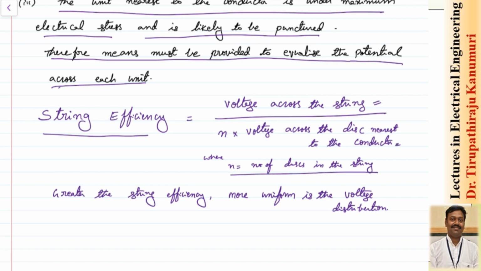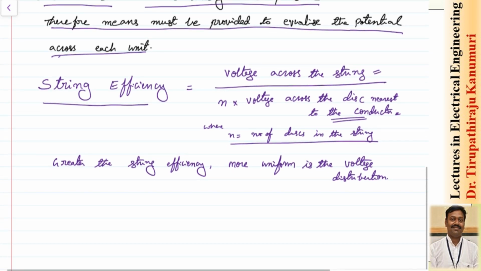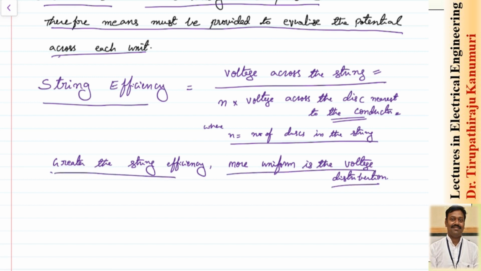We know the voltage across the disc nearest to the conductor is highest. Because of that non-uniform distribution, the string efficiency will always be less. So, you have to improve the string efficiency so that every disc will be properly used. The greater the string efficiency, the more uniform the voltage distribution.